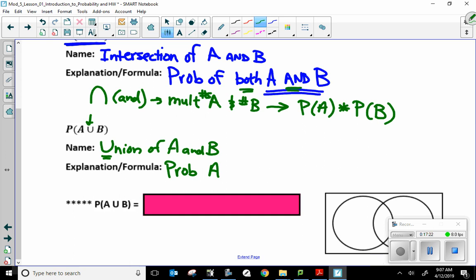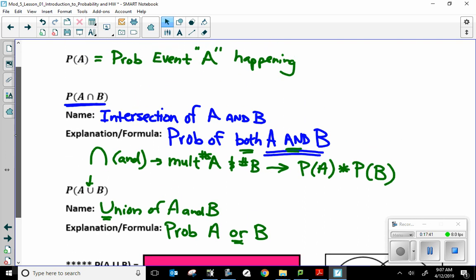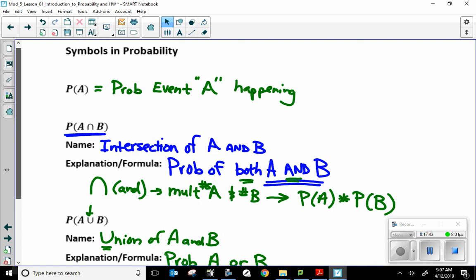But this is the probability of A or B happening. It is not both. It's one or the other happening. All right? And think about it this way. Intersection, I actually gave you an intersection as an example, okay? For union, have you ever been to a wedding where they say the holy union, matrimony, the union of these two people that bring them together? Union represents marriage.